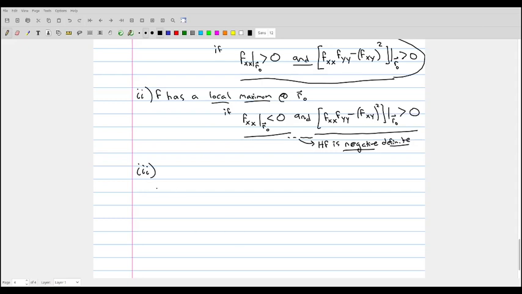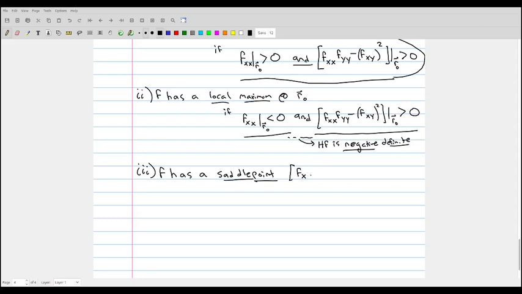The third condition is that we can definitively say that f will have what's called a saddle point. And for this one, we only need to do one check.